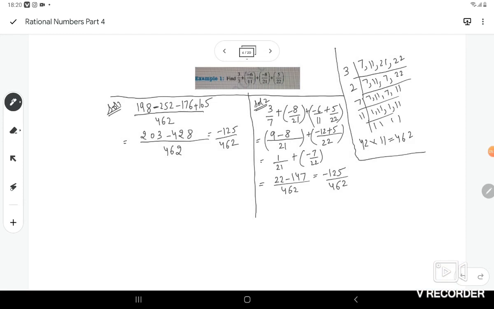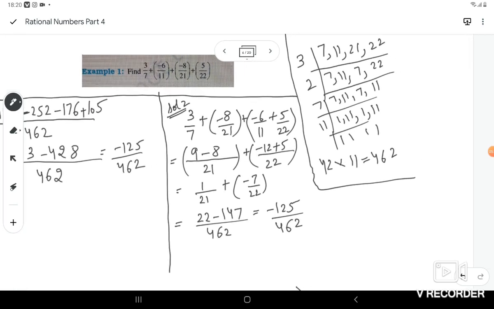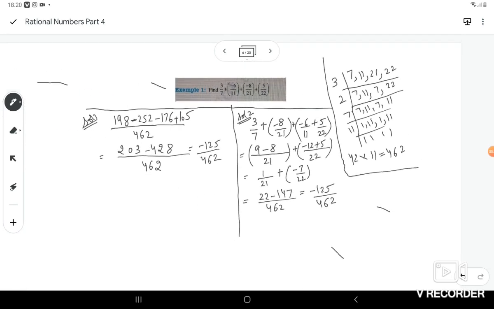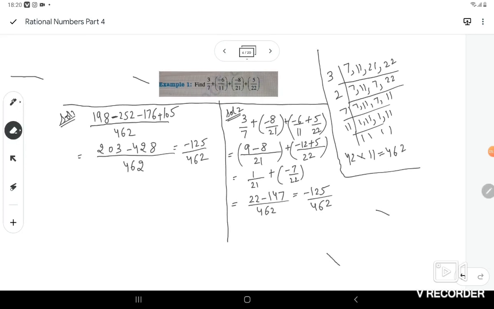Now let us consider an example and see how we can apply these properties and perform the operation on it.